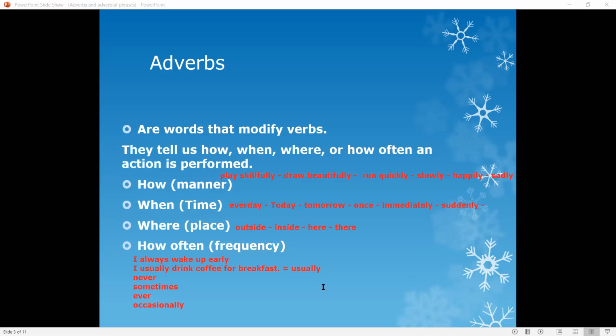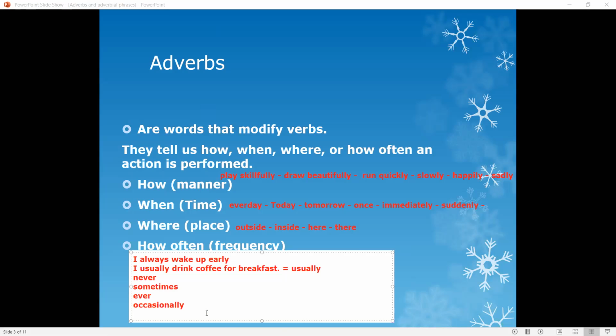All right. More frequency adverbs are generally, hardly ever, or rarely. Hardly ever means rarely. Also, rarely is one of the frequency adverbs.